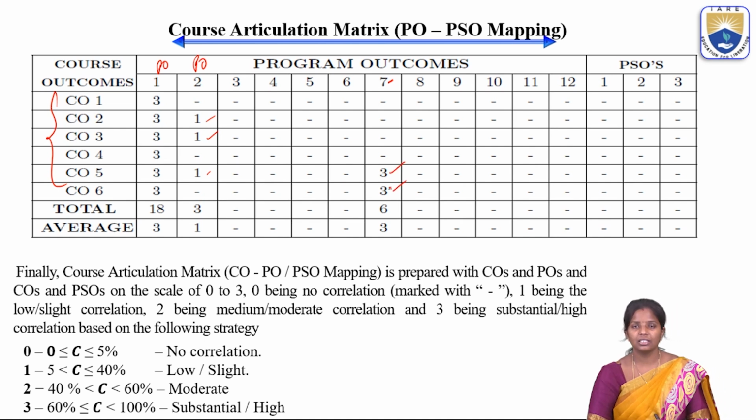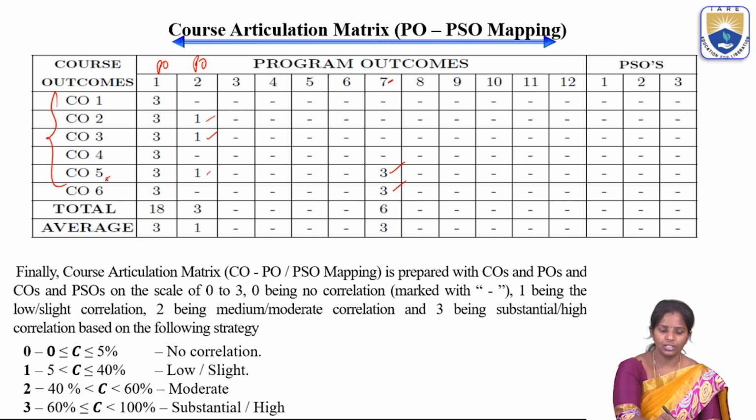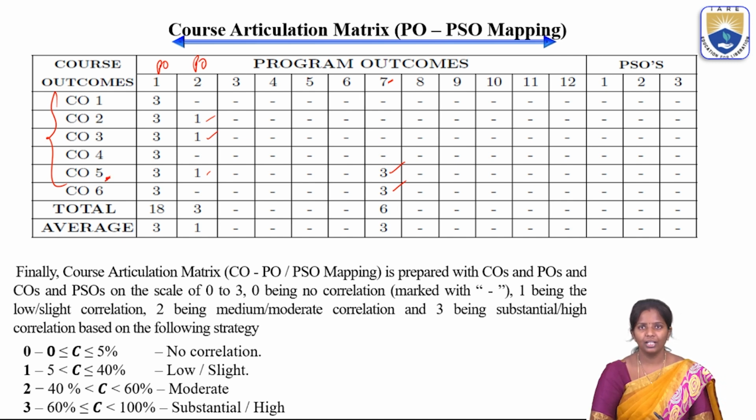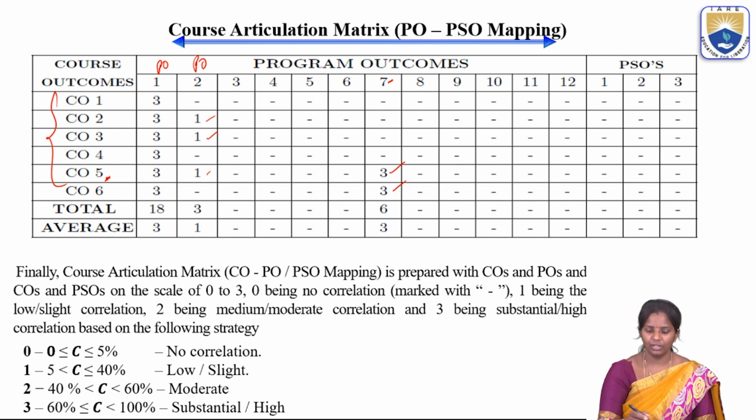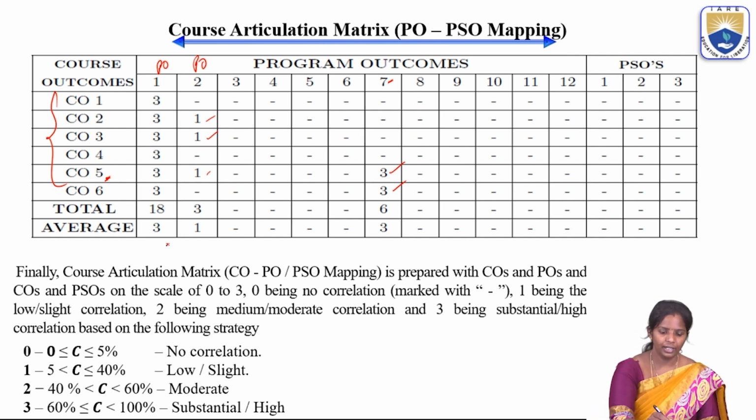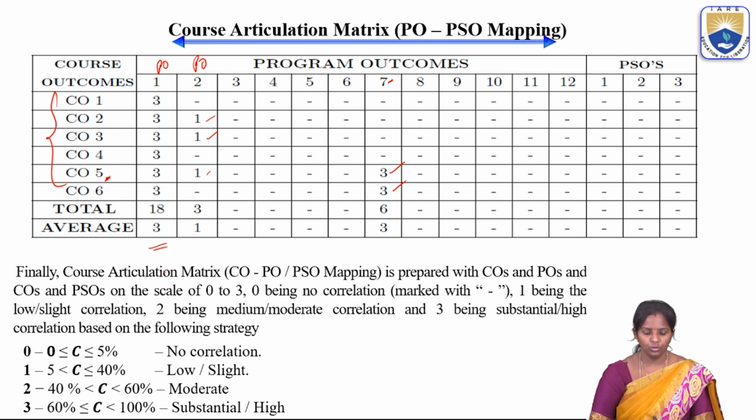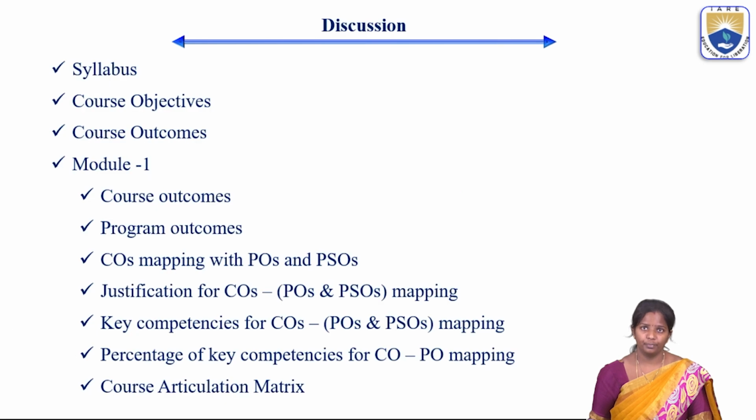Because it is concerned with the environment and sustainability. So course outcomes 5 and 6 only match green chemistry and natural resources. So we are taking 3 and 3 here. So this is the total and average that is taken out. So this is how we do the course articulation matrix and PO/PSO mapping.